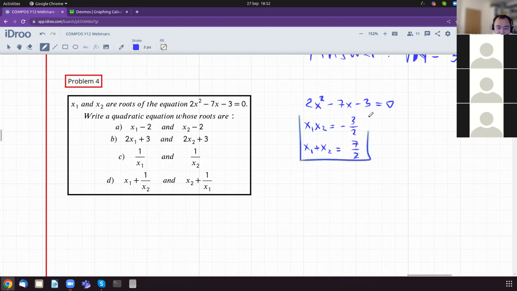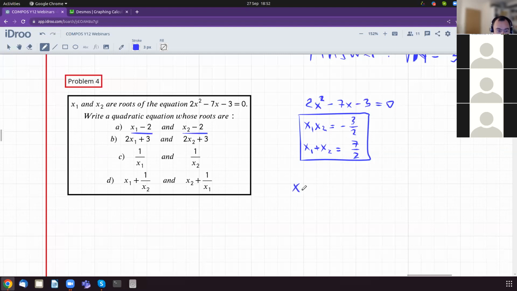Okay, so we've established this. We don't need to solve the quadratic equation or find x1 and x2 because they're not pretty. Now we need a quadratic equation whose roots are x1 minus 2 and x2 minus 2.